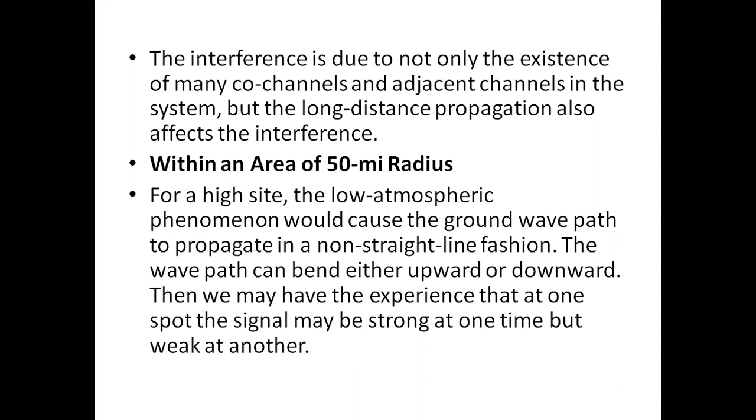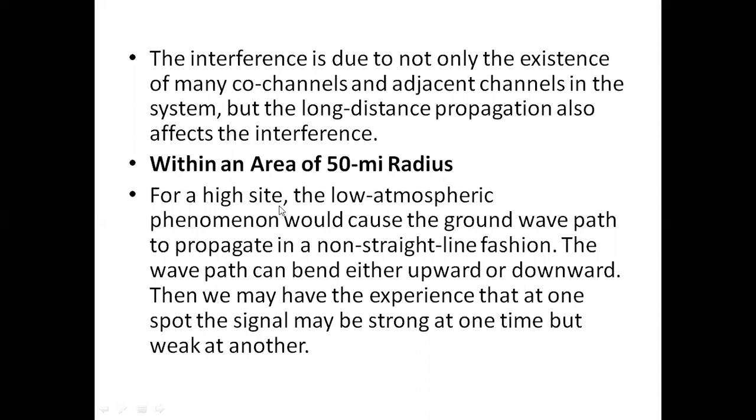So let us consider our mobile unit is within an area of 50 miles radius, and let us consider our cell site antenna is high. We are taking the cell site antenna as a high antenna.